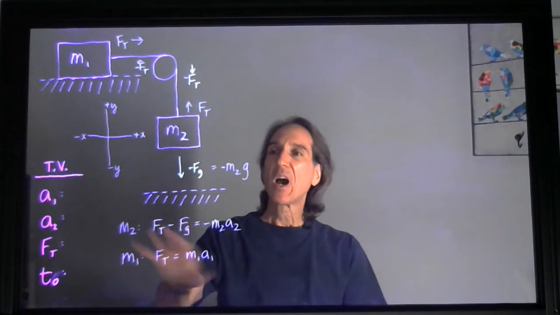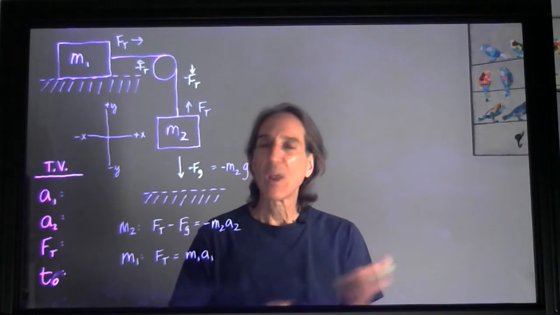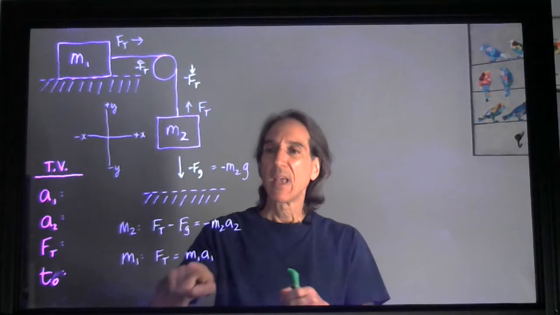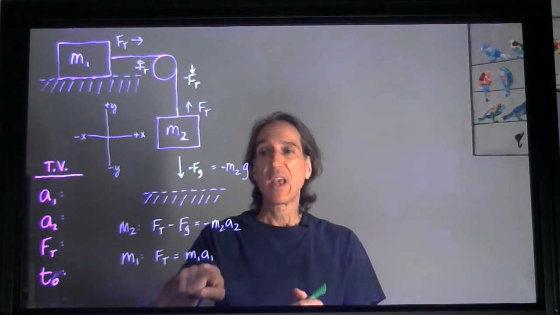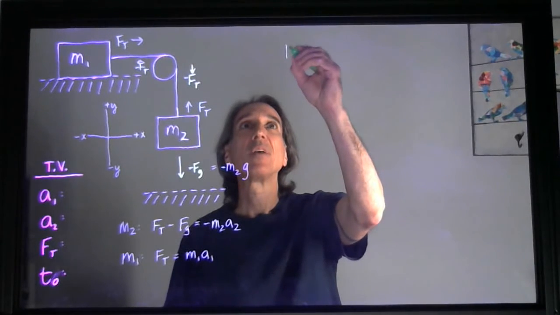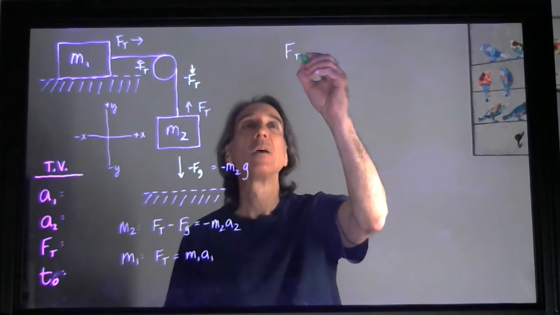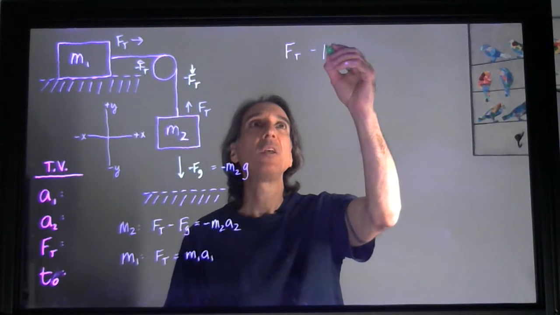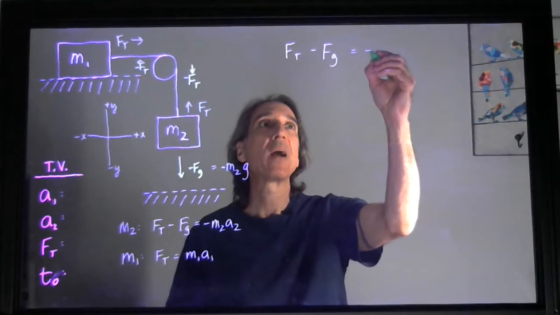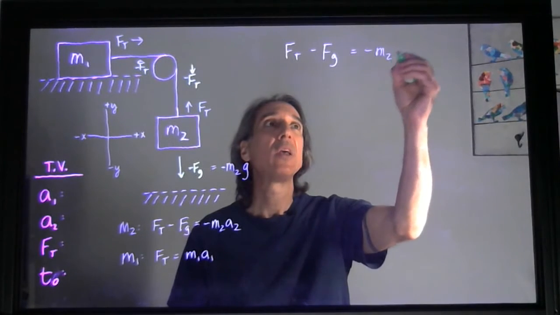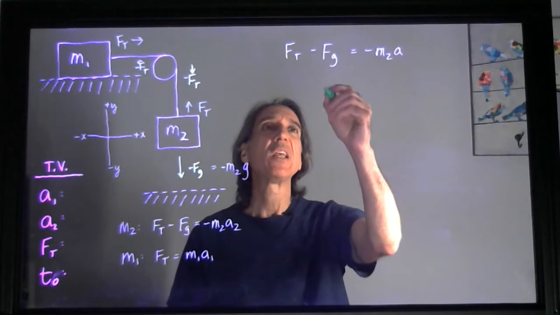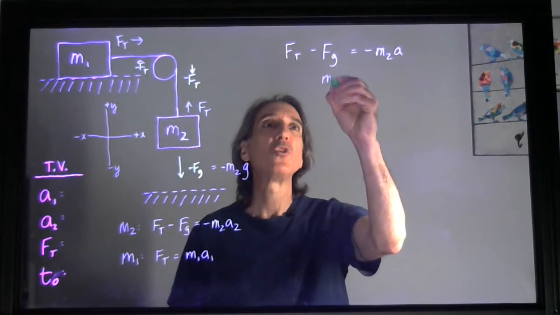So if we take our equations that we have for M1 and M2, now we can just substitute A for A1 and A2. So let's rewrite those. We have Ft minus Fg is equal to minus M2A. But we also know that F sub g is equal to m2g.